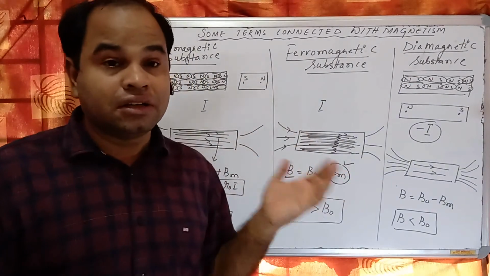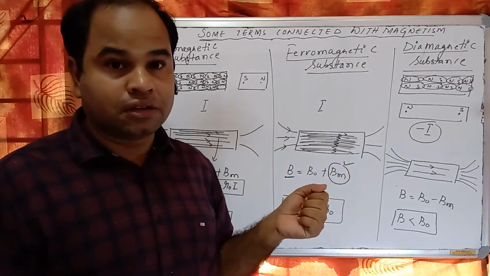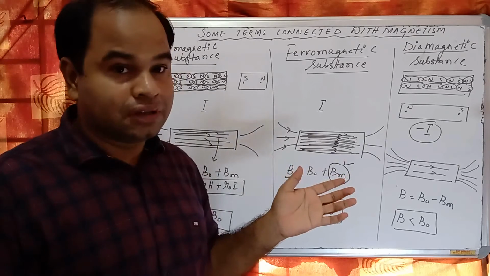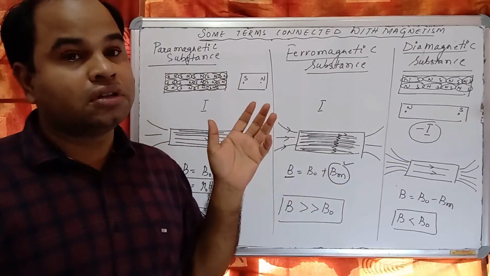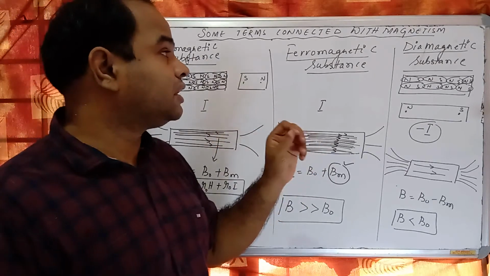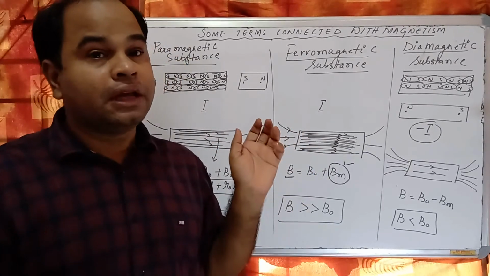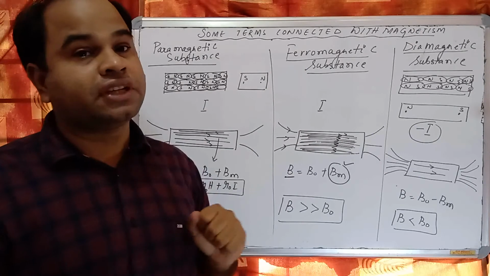They are repelled by the magnet. So when they are repelled, the dipoles present inside the diamagnetic substance are aligned opposite to the direction of the external magnetic field.